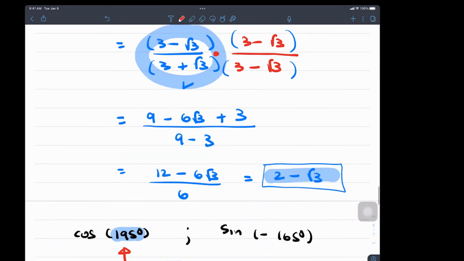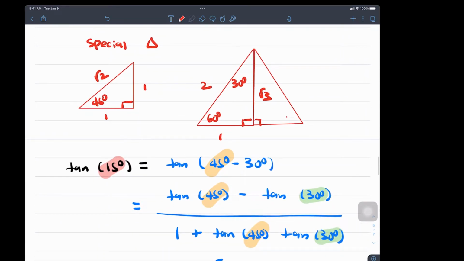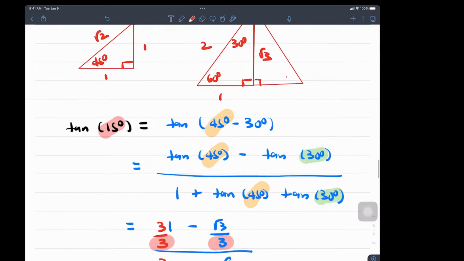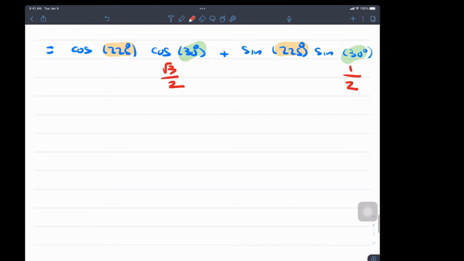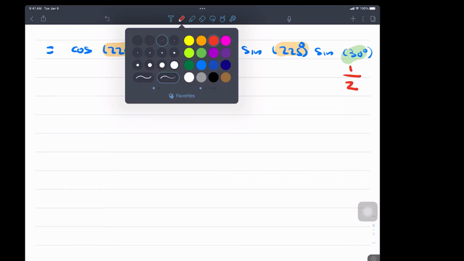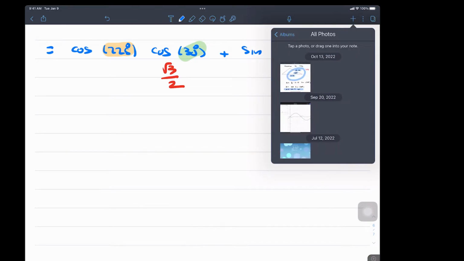Just go back to your special triangle. This is the amazing thing. You just need to know 2 special triangles. I should probably put that in every test, because it shows up. You see what I mean? What about this other one, though? Cosine 225. Do you guys remember how to get that? Yeah, we're going to have to use the picture, I was going to get it out.